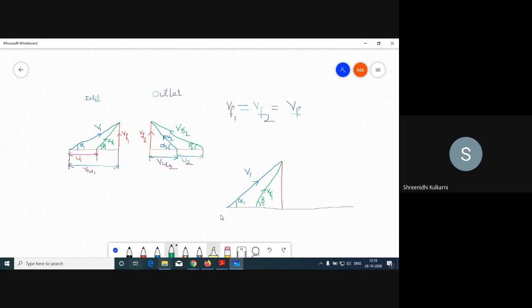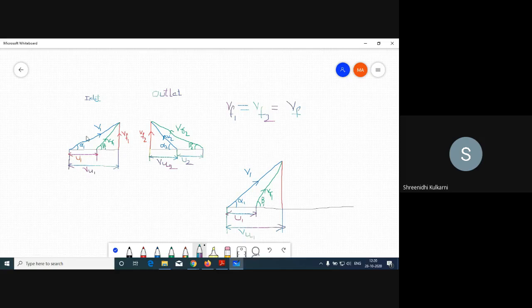This is beta 1. Okay, next here I am going to draw from here to here, it is U1. So next up to here, I am going to call this BU1.